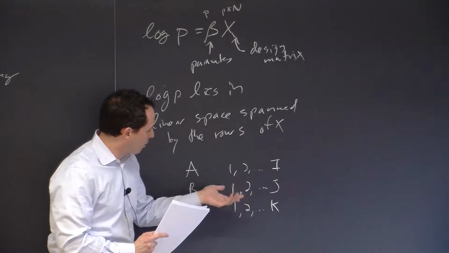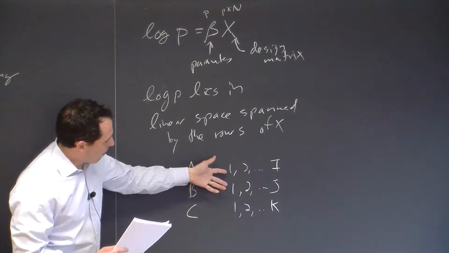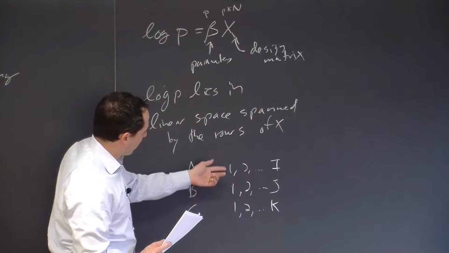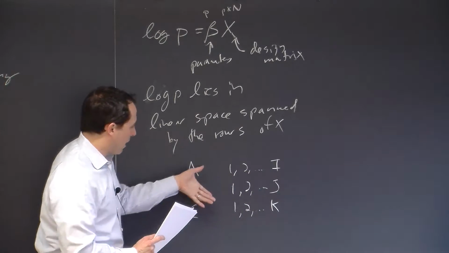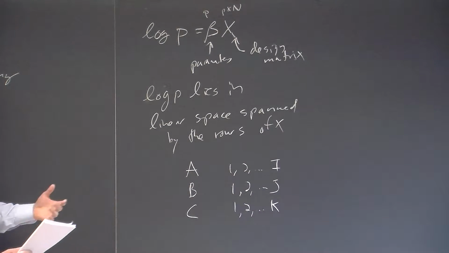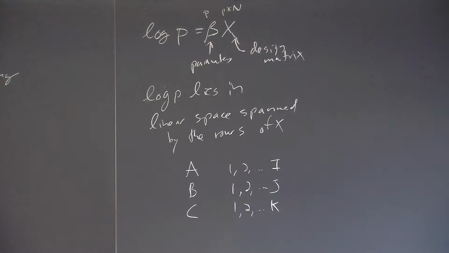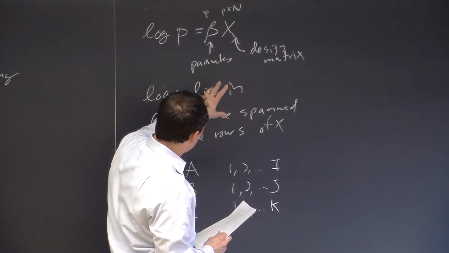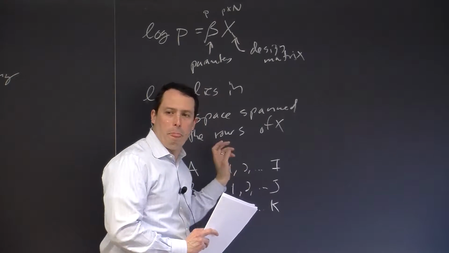And if I want to consider some associations, like a term for AB, I count how many times I saw 1 for A and 2 for B, how many times I saw 1 for A and J for B, and so on. Each of those associations that I could look at can be represented as a constraint. The model that I get out should agree with those counts as much as possible.